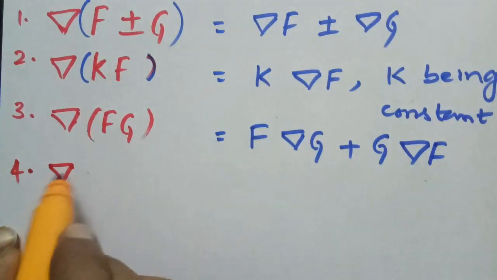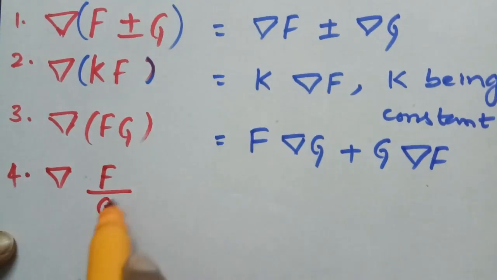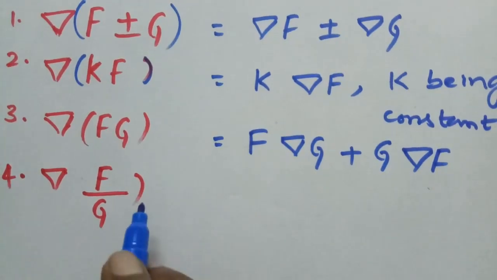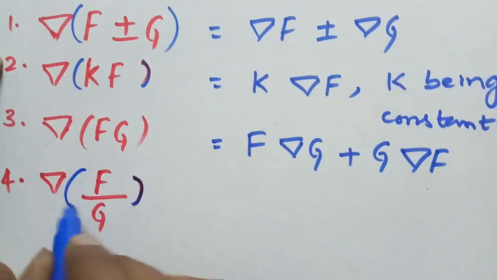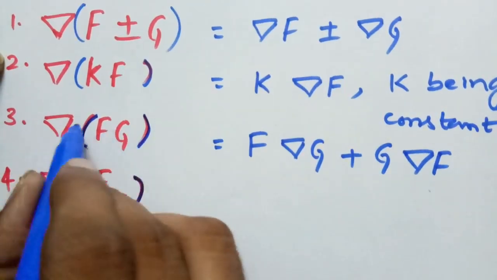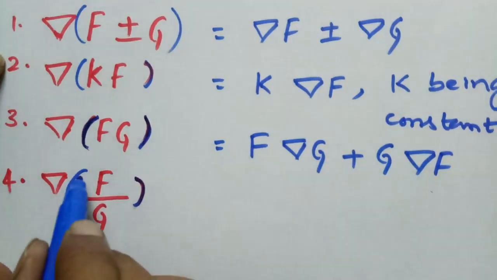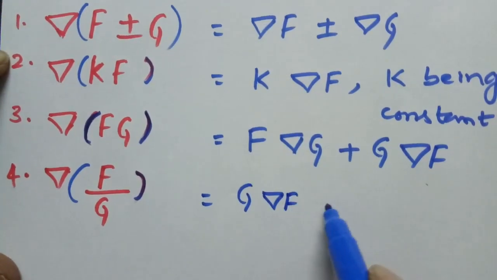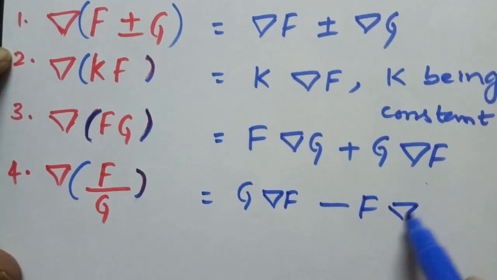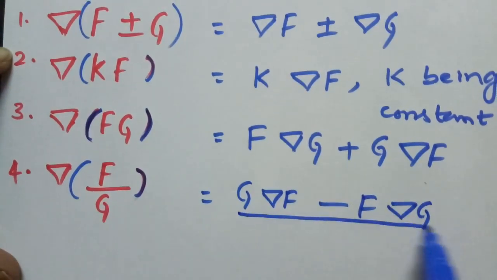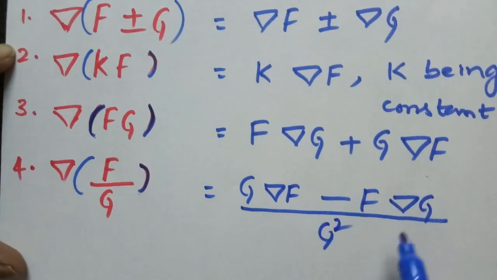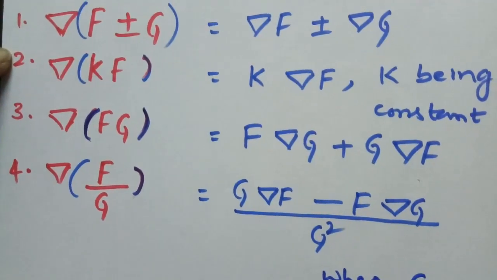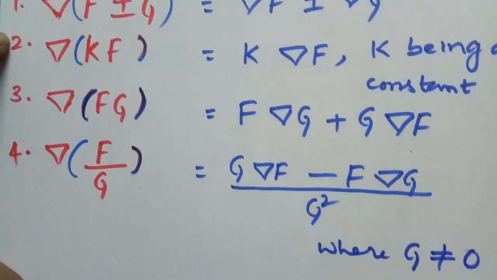Now the fourth one, del of f by g. Therefore del of f by g is equal to g into del f minus f into del g by g square, where g is not equal to 0.